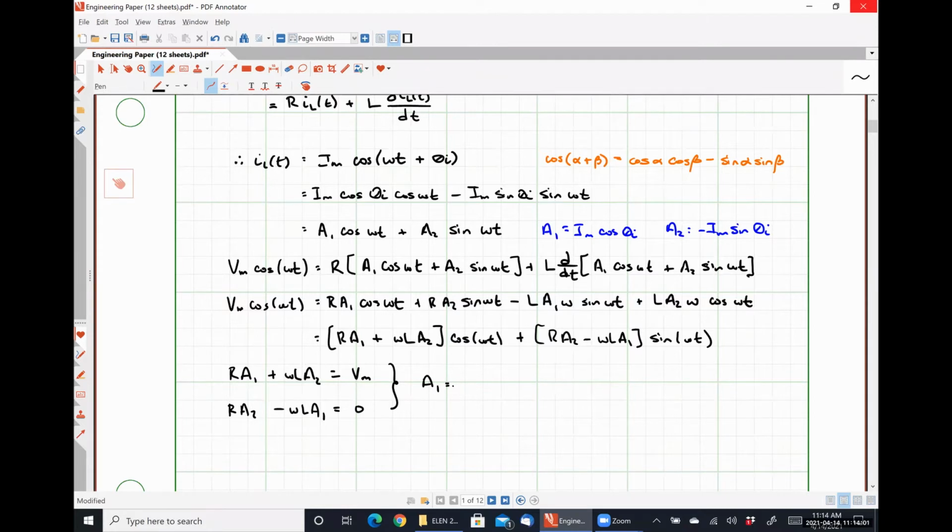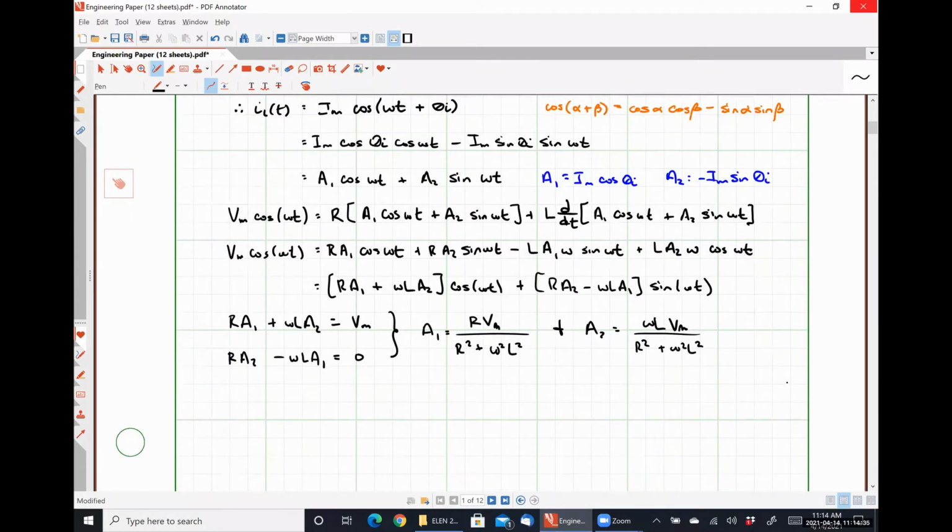A1 is equal to R times Vm over R squared plus omega squared L squared, and A2 is equal to omega L Vm divided by that same magnitude. So we'll have R squared plus omega squared L squared.